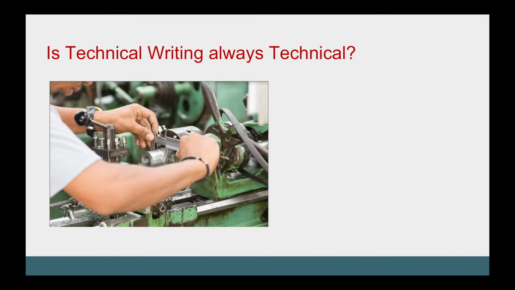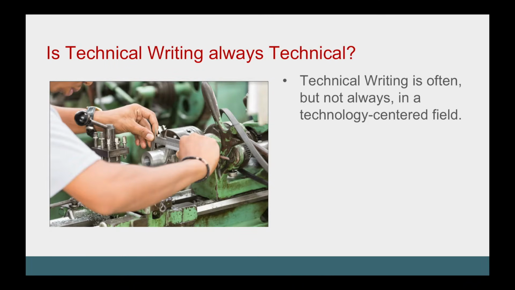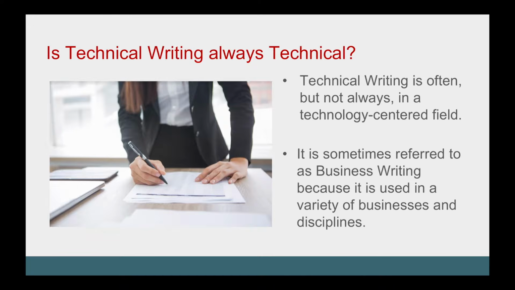This style was favored by the Puritans who wanted to express themselves clearly in accordance with their religious beliefs. In modern times, however, this style is often used in technology, architecture, and engineering fields, but it is also common in business and many other disciplines.